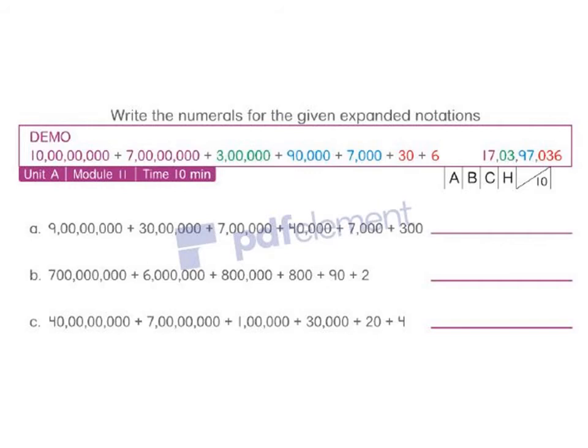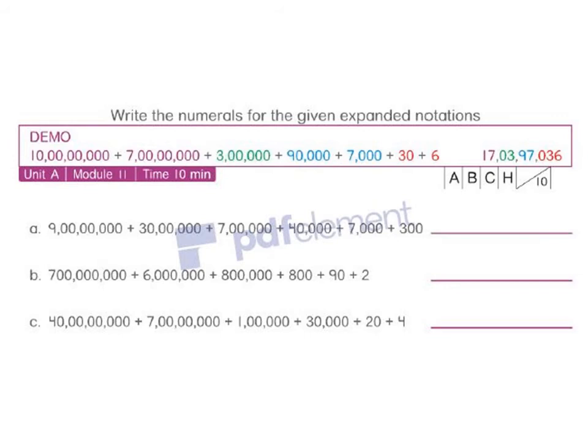Now, in your last class also, you have learned how to write a number in the expanded form or how to write a number from an expanded form. The demo is already given.